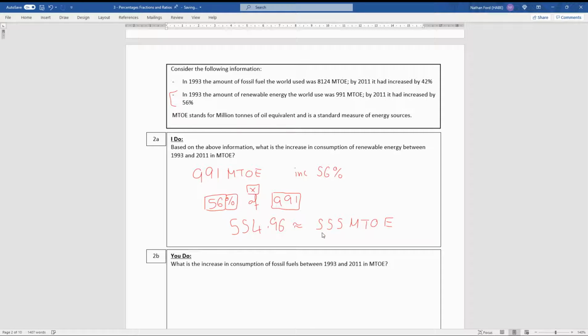So we had an increase of 555 MTOE. That is the increase in consumption of renewable energy. It is that easy. Try the other one with the fossil fuels above and see how you go.